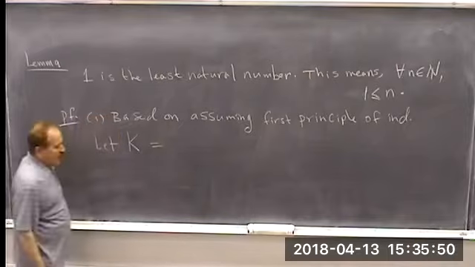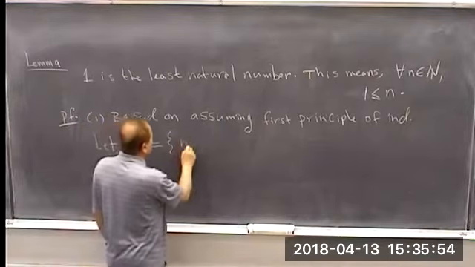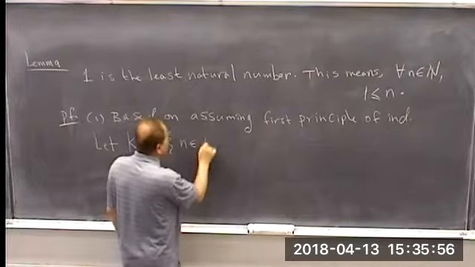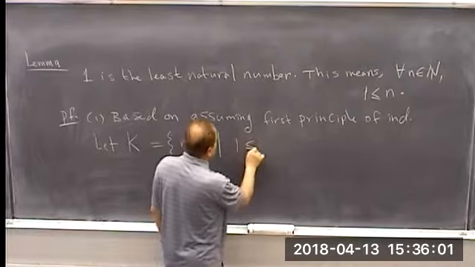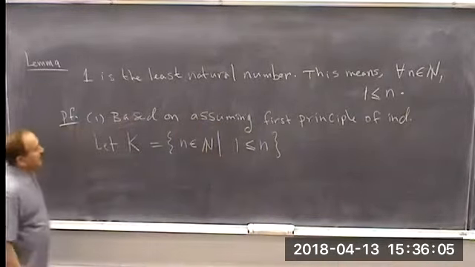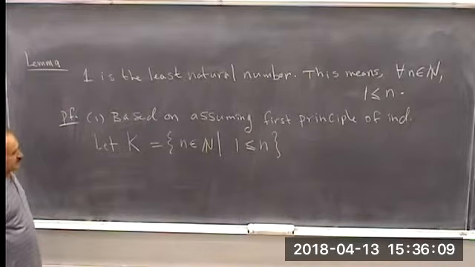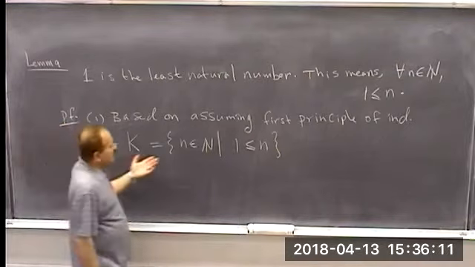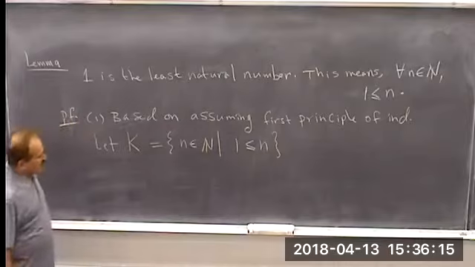a set of natural numbers, K, to be the n in N such that 1 is less than or equal to n. Then I'm going to show that basically K is going to be all the natural numbers. Okay, so which means that all the natural numbers are going to be bigger than or equal to 1.